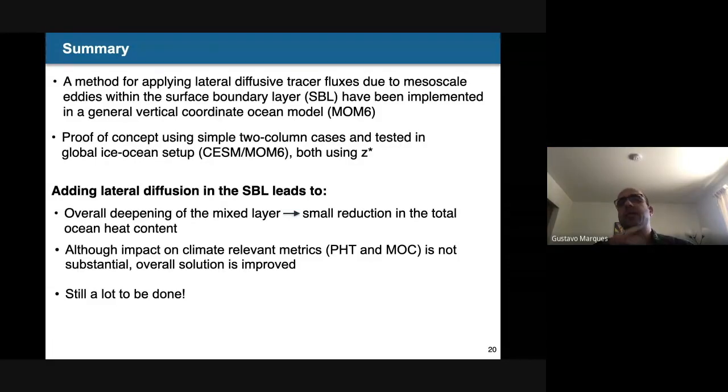No, thanks for asking that. We are not thinking about that. The way it's happening right now is just coming from either KPP or EPBL. We have the option to use both boundary layer depths. But this question of using something that has constraints using mesoscale eddies is a good question.